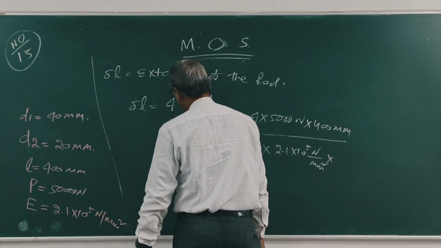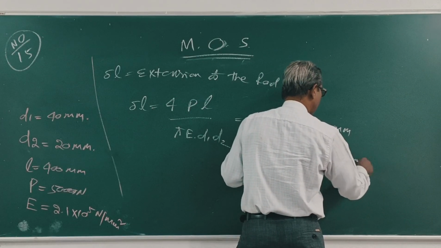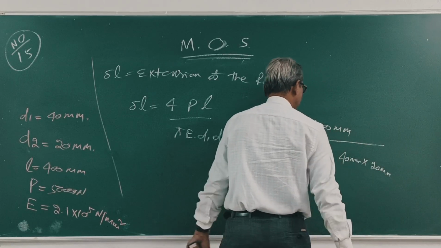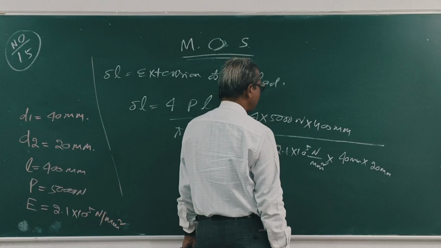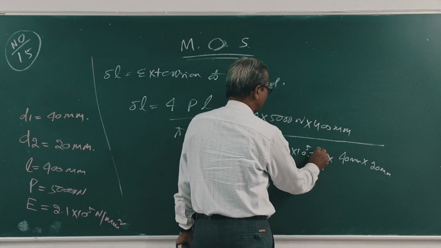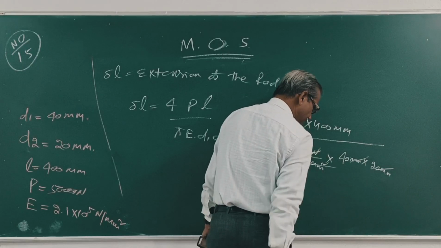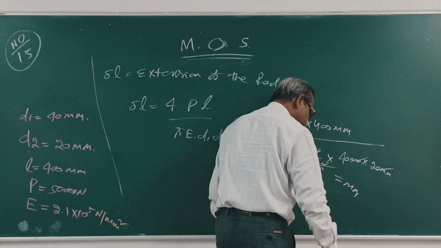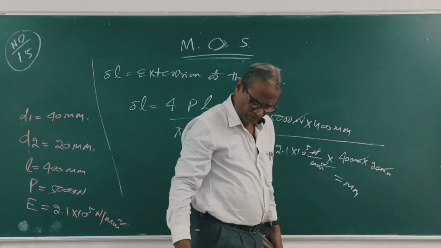D1 D2. What is D1? 40. D2 is 20, right? Newton cancels, mm square cancels.